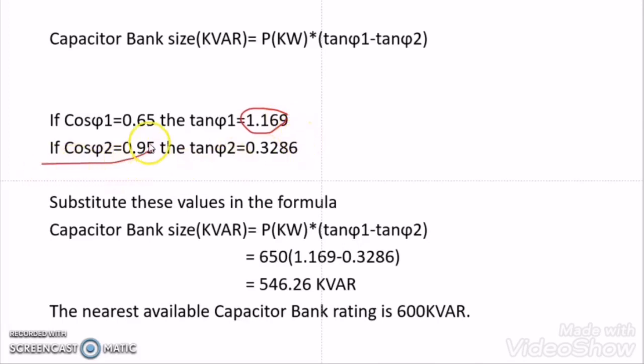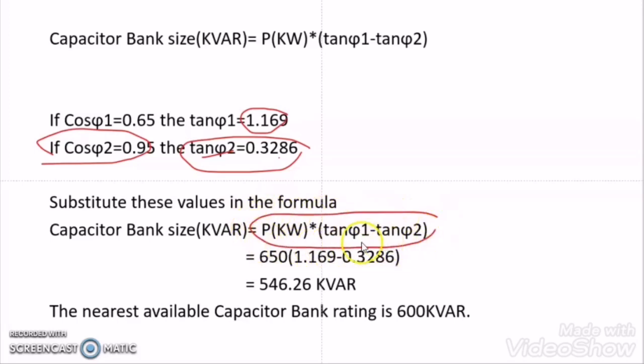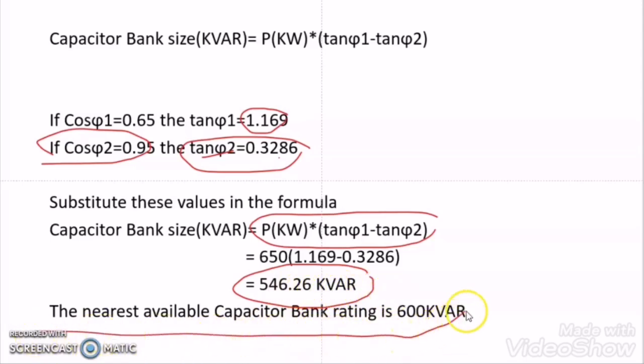If we know cos phi 2, that is the desired power factor, then we can get tan phi 2. Substitute all these values in our formula, that is P in kilowatt into tan phi minus tan phi 2. We will get a rating of 546.26 kVAR. So the nearest available capacitor bank rating is 600 kVAR.